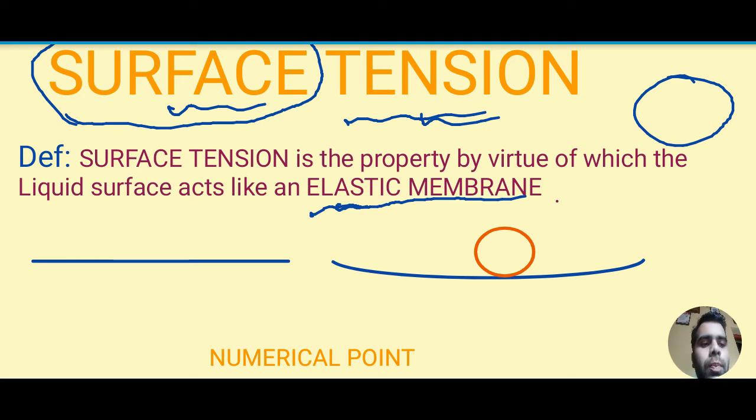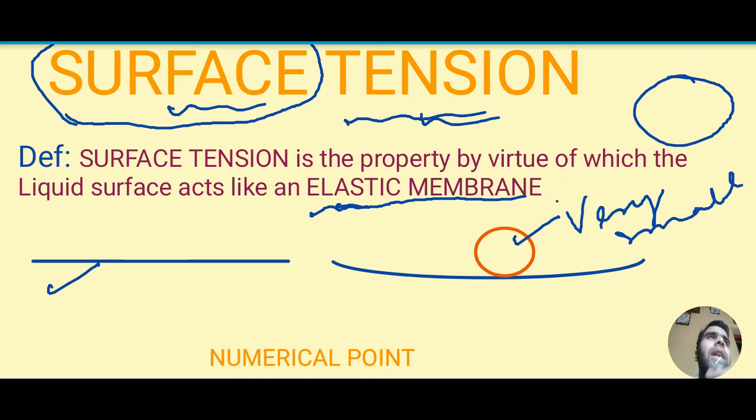Suppose this is a liquid surface. If you put a small weight on it, very small, like the weight of an ant or a bee or a needle or a razor blade, anything of very small weight, then it will not sink inside the liquid.